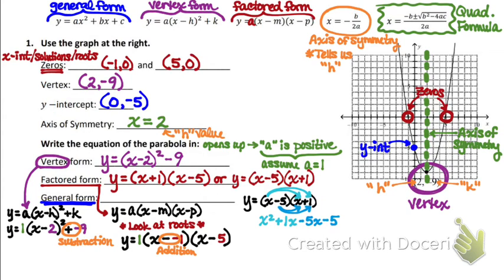Are there any like terms there that I could combine together? Yes, this positive 1x minus 5x. What do I get if I combine those two pieces together? Negative 4x, yes. So y equals x squared minus 4x minus 5.